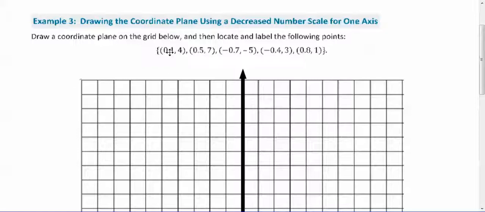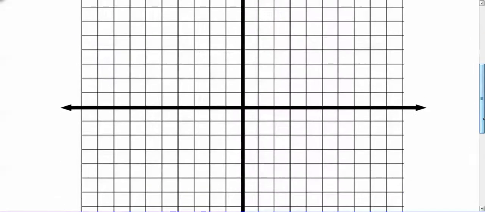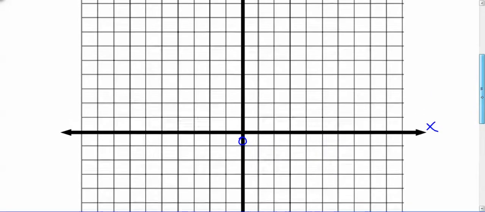Now we had a nice discussion also about how we don't necessarily need to label every line, but when we refer to scale, it means what is each jump worth. So I'm not going to label every jump, I'm going to label every other jump.